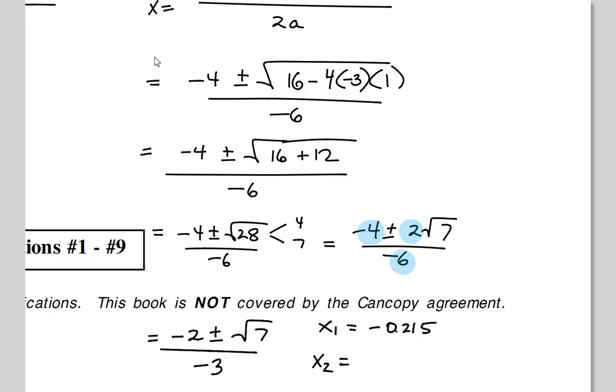Now just repeat that process, but use negative instead of positive. I've got 1.549 after rounding. Okay, double check that you can also get those decimals with your calculator. Okay, please double check that you can get those.